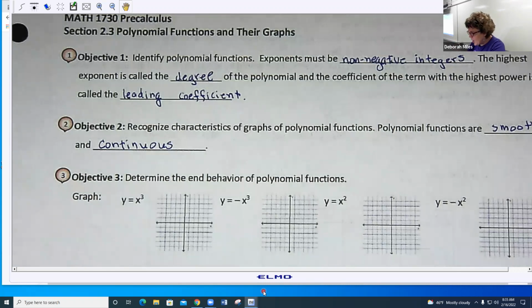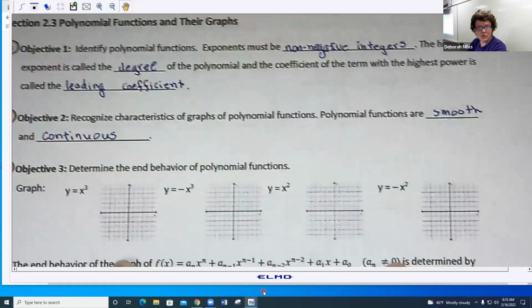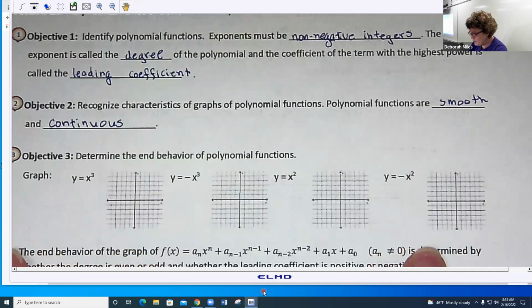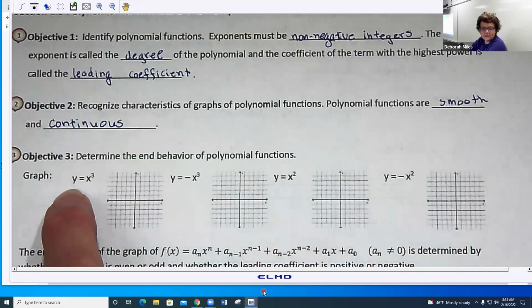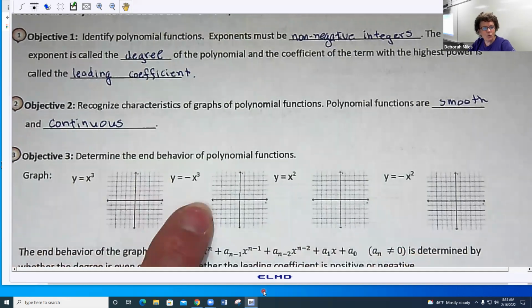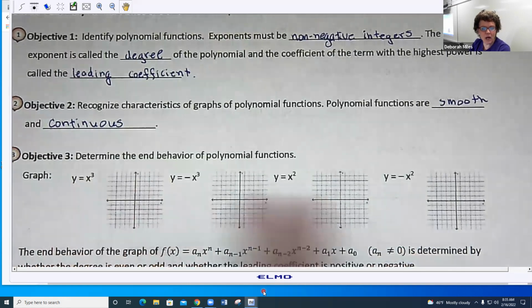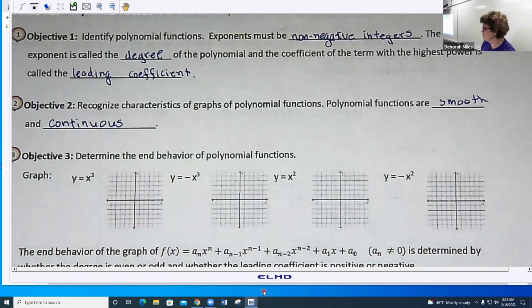All right. Here are 4 polynomial functions that we've already graphed. I used y instead of f of x, that doesn't matter. But these 4 were in our library of functions. So go ahead and graph these 4 polynomial functions for me in those 4 spots.